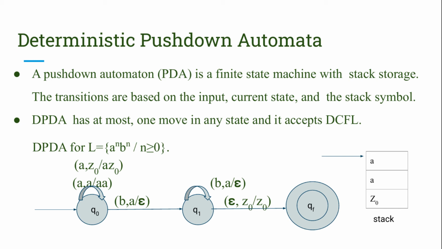When it reads b with the stack symbol a on its top, it pops the stack symbol a and moves to the state q1. Again, on reading the next input symbol b, it stays in q1 and pops the symbol a from the stack. Now the stack contains only Z0. Upon reading the empty string epsilon with the stack symbol Z0 on its top, the automaton moves to the final state qf, thus accepting the input string aabb.